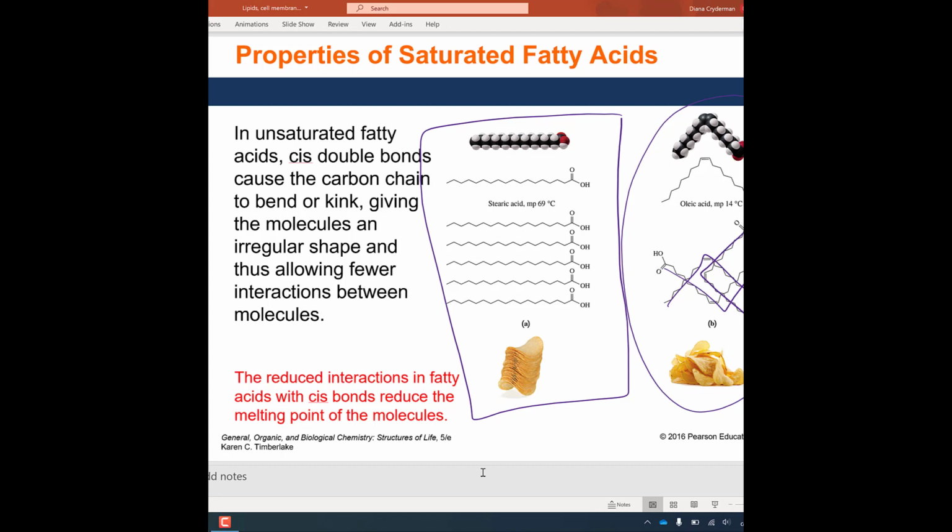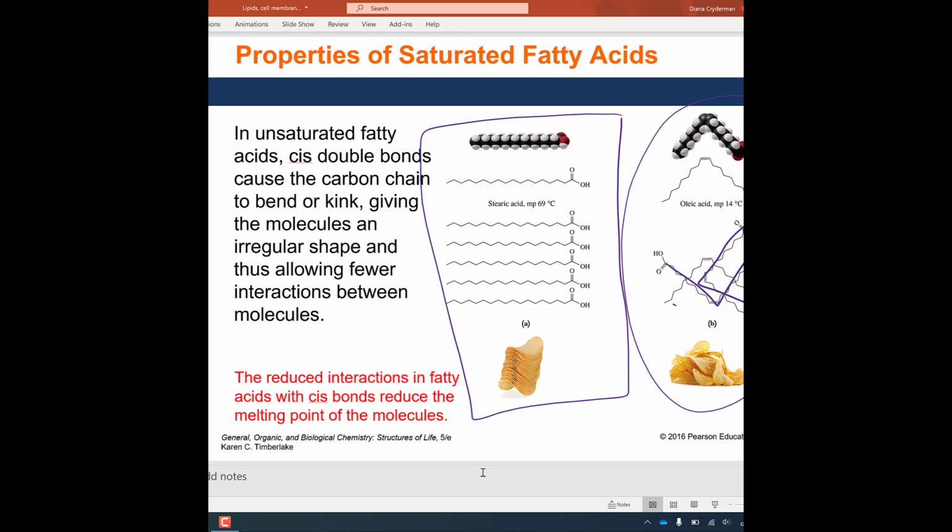So the likelihood of them lining up perfectly in your bloodstream on their own isn't very likely, because they're not straight, because they have this kinked shape to them. It's not likely that they're going to organize perfectly enough to line up.